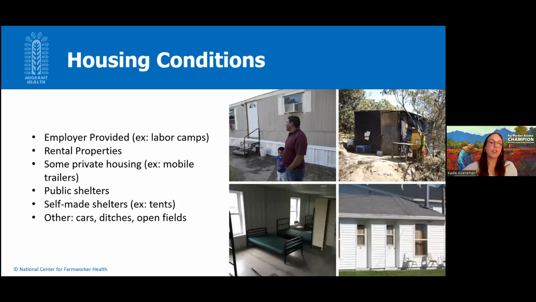Looking at housing conditions, adequate, affordable, and safe housing has been and continues to be a constant struggle for migratory and seasonal agricultural workers. There are several ways that ag workers have and receive housing. A small 14% of ag workers may have housing provided by their employer.